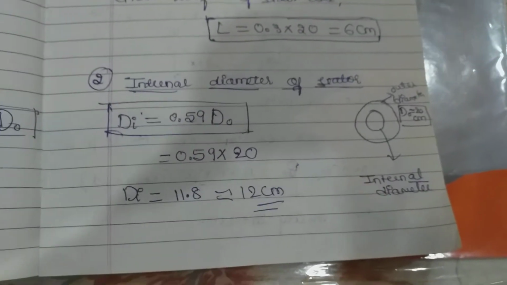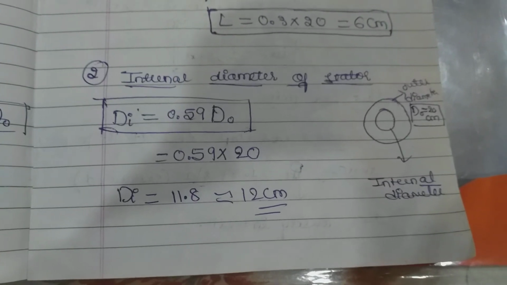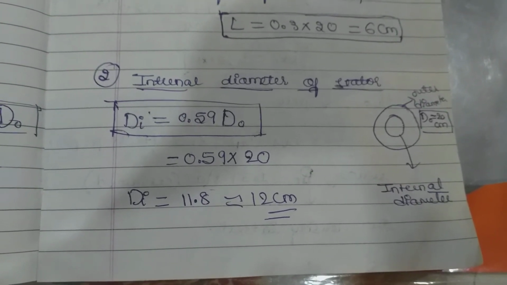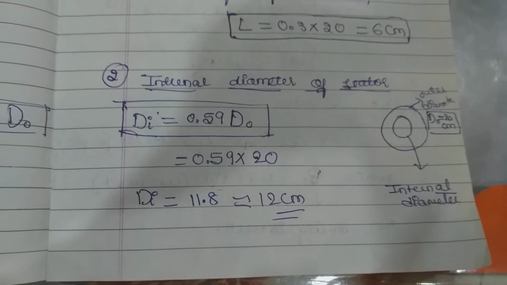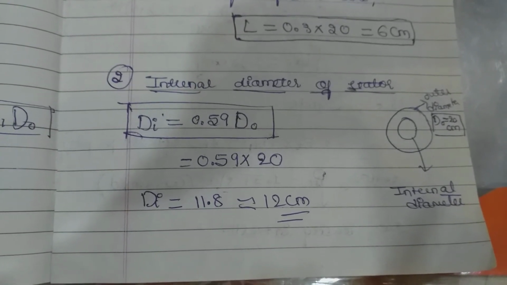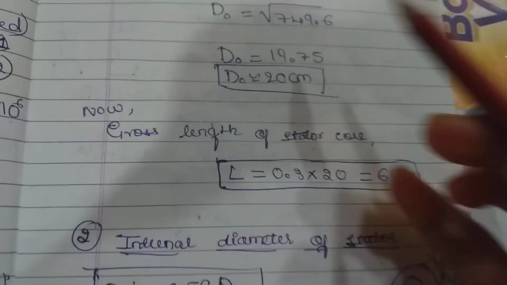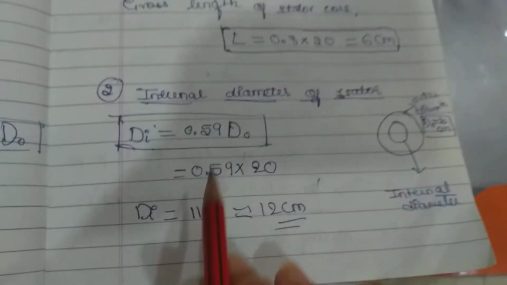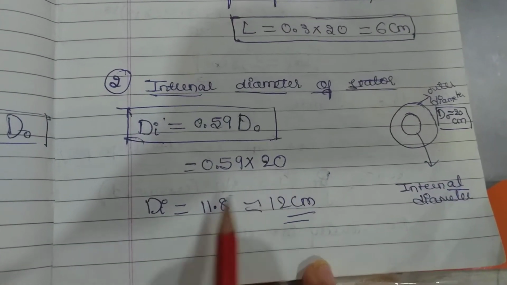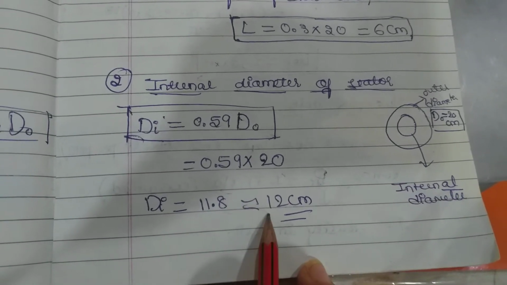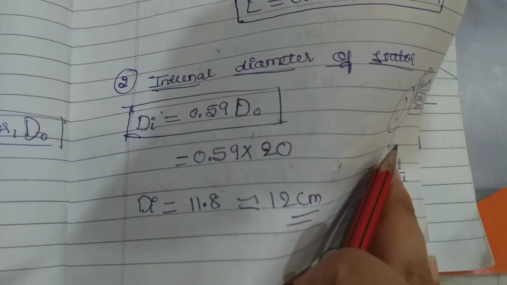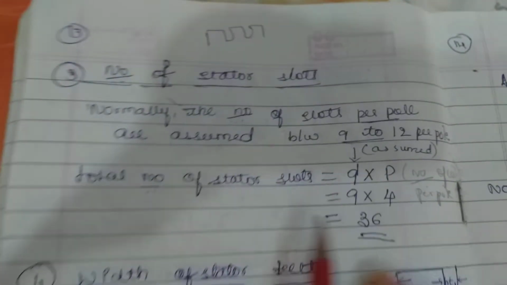Now let us move to our second aim. The second aim is to find out the internal diameter of the stator. Internal diameter DI is equal to 0.95 into D0, the outer diameter which we have just calculated, that is 20 centimeter. If we multiply these two, we get 11.8, which is approximately 12 centimeter.